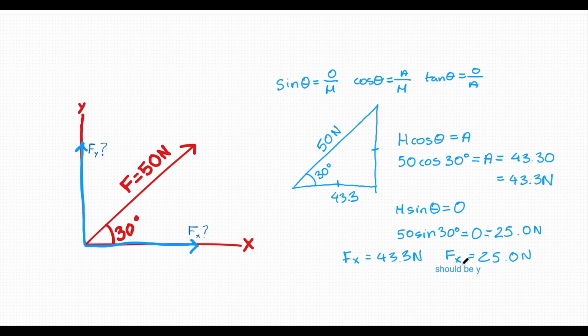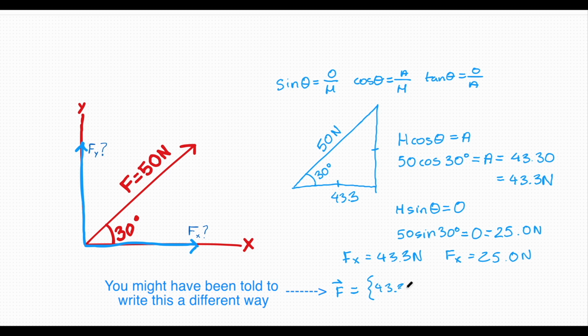Now, you might be asked to put it in Cartesian form, and so if we do it in that form, you'd put it like this. The x component is 43.3, and then the x direction would be i hat, and then plus 25.0 j hat, and then newtons.